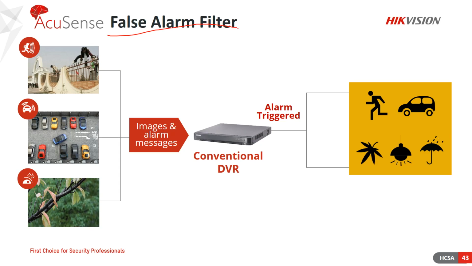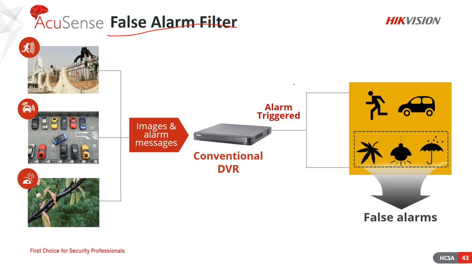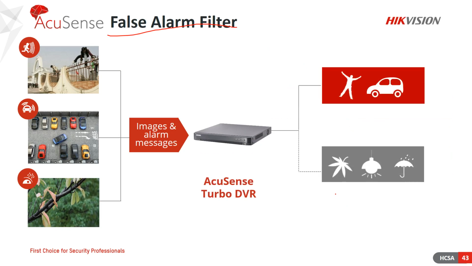But the objects that we are interested in are the human bodies and the vehicles. So the false alarms will be discarded. Only the human or the vehicle will trigger it.